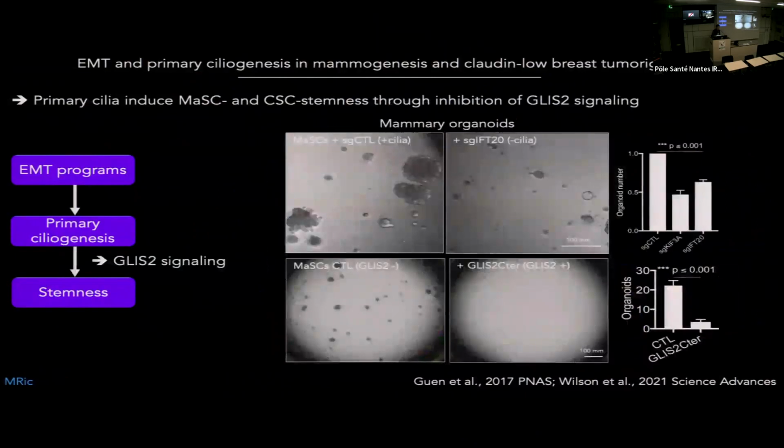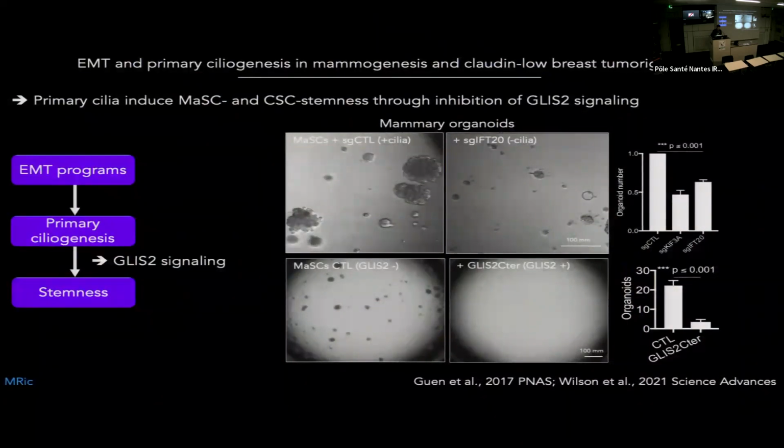After that, we showed that once assembled, primary cilia also regulate an important GLIS2 signaling axis to promote stemness of normal and transformed cells. So, for example, here, genetic ablation of cilia or ectopic activation of GLIS2 signaling results in inhibition of organoid forming capacity of mammary stem cells ex vivo.